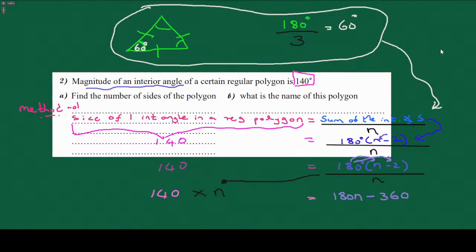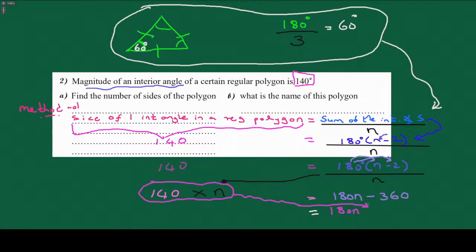Right. So now we have n's on both sides. Let's collect them into one side. Shall we collect all the n's into the right hand side? So 180n is already there. Let's ask this 140n to go to the other side. 140 times n means 140n. When 140n goes to the other side, what does it become? When it's on the left, it's plus 140n.